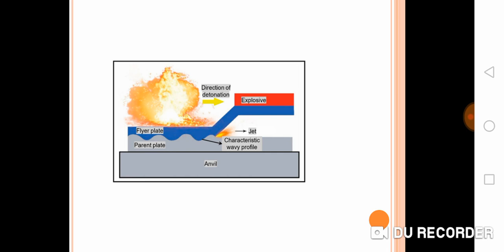Again, I am telling you the entire surface is not joined at the same time, because the explosive is detonated from one end and it progresses to the other end with the detonation velocity. In the same way, as the detonation progresses, the metal plate also hits the surfaces at the collision point. So this is a progressive process.